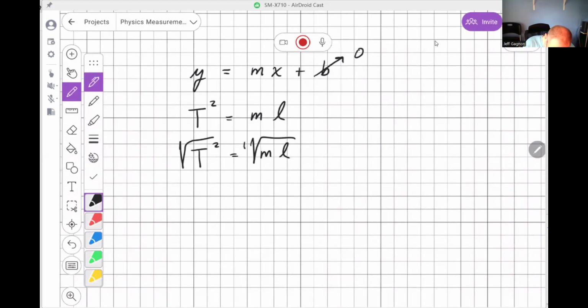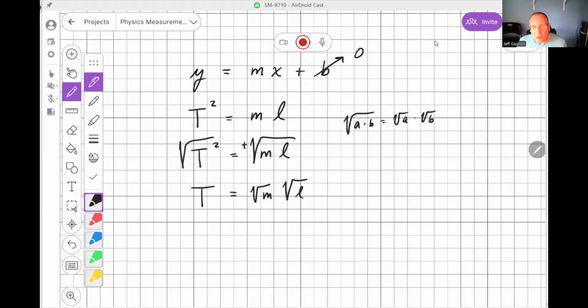So I'm going to have T, the square root of T squared is T, equals square root of m times square root of L. Remember the rule, if I have the square root of a times b, I can split this up into square root of a times square root of b. So that's what I did there.